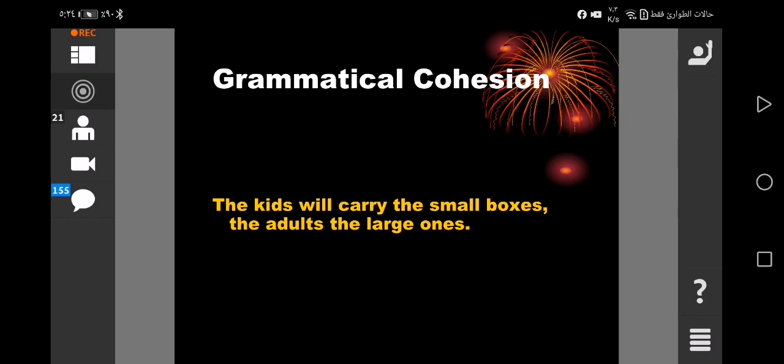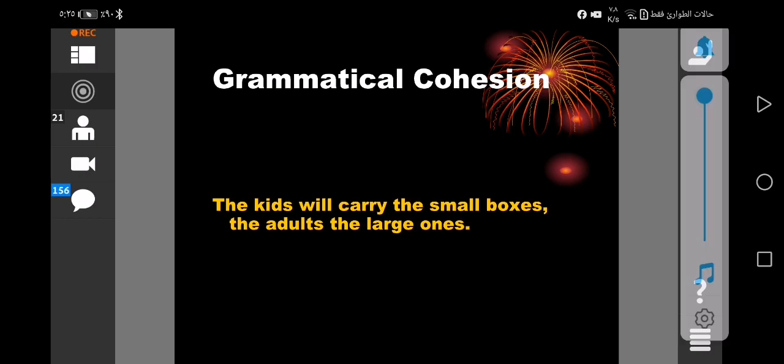Let's take this example. The kids will carry the small boxes, the adults the large ones. What is ellipted? What is omitted?